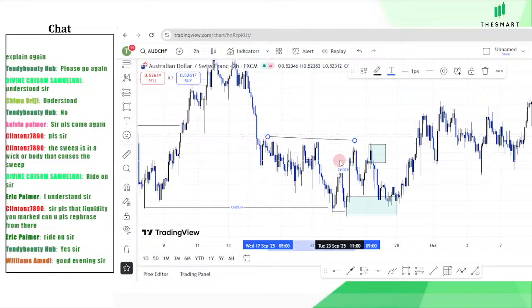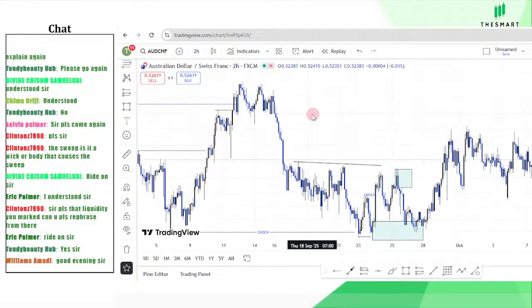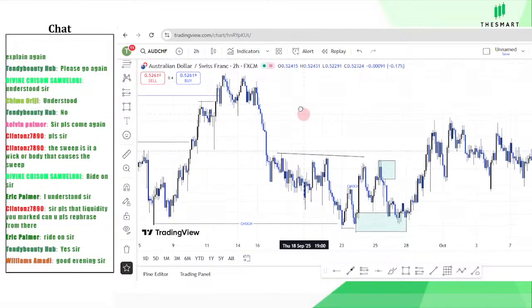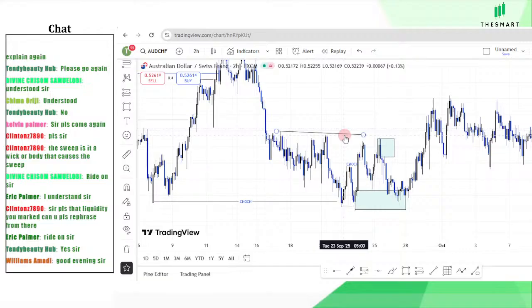So what I want to see is this change of character at this level. I want to see price return back to this other block or demand level here. Price should be able to continue till this supply. Basically, we use a liquidity sweep to let price take out the liquidity at that point, below or at a high.